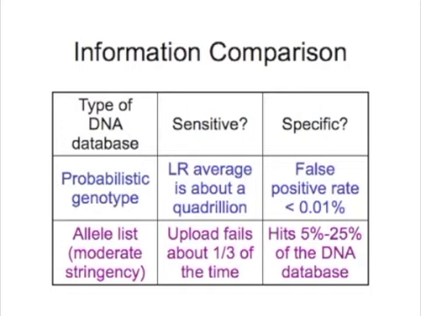With TrueAllele, that rate tends to be with a very small number like 0.3, or it doesn't give much of a match statistic. How often does it go over 0? About 1 in 10,000 times. With CODIS, depending on what rules you use, you can go up to 25%. Because of that, CODIS doesn't let people upload profiles.